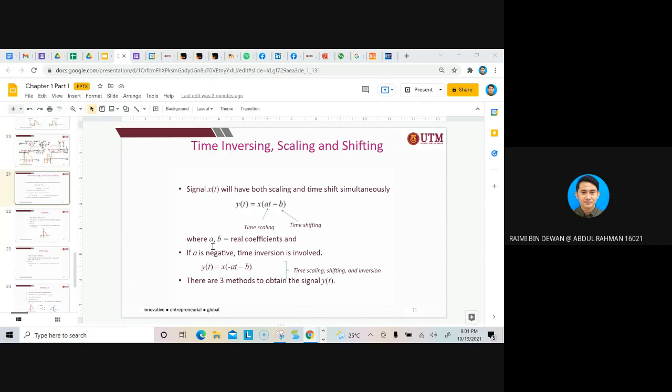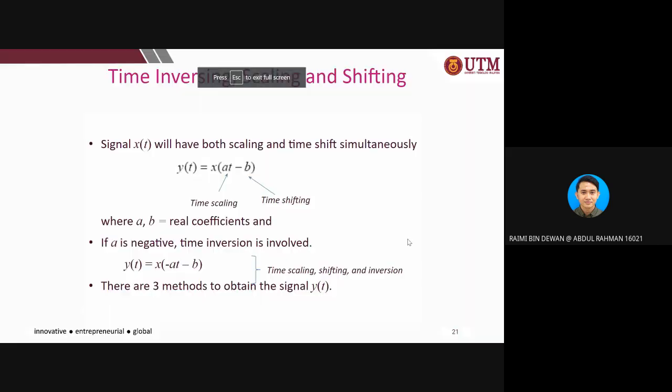If a is negative, the signal will experience time inversion. For example, if y(t) = x(-at - b), and a is negative here, then your signal will experience time inversion. At the same time, you have negative b here, which means the signal will also experience shifting.